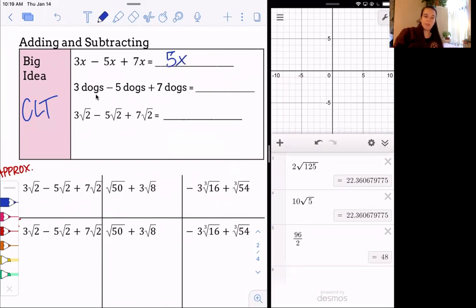The same is true if we're using dogs as our variable, so we'd have 5 dogs. The same is true if we have the square root of 2, square root of 2, and square root of 2. This would be 5 square root 2. We're basically thinking about this as 3 minus 5 would be negative 2, plus 7 would be positive 5. And the radicand does not change, right? So what is here does not change, just like x does not change, just like dogs does not change. The square root of 2 also does not change.